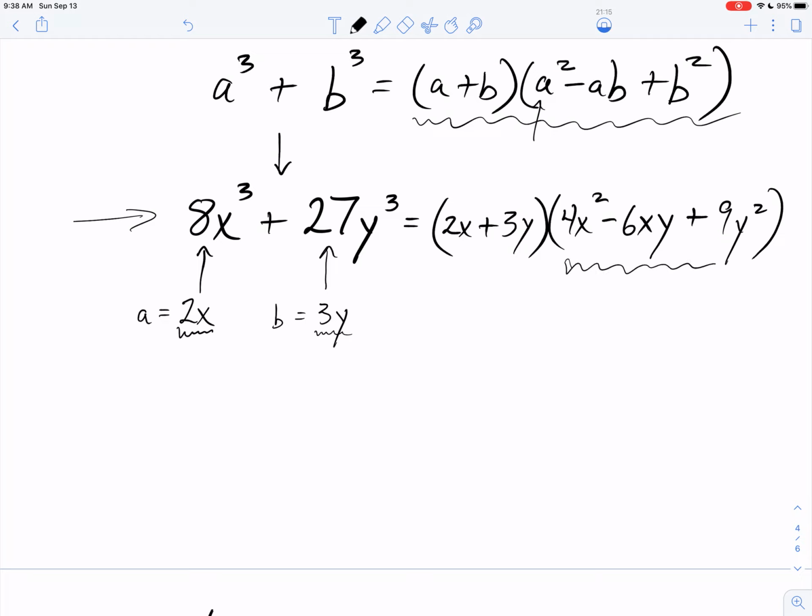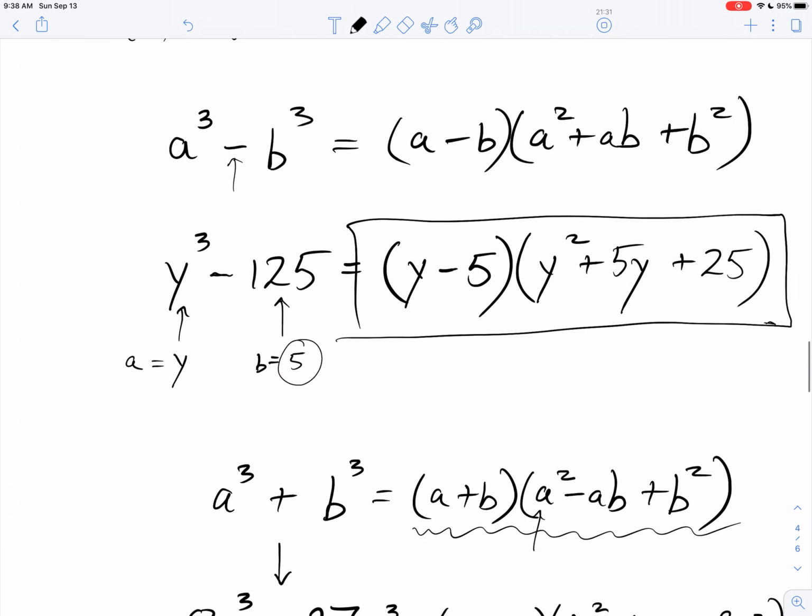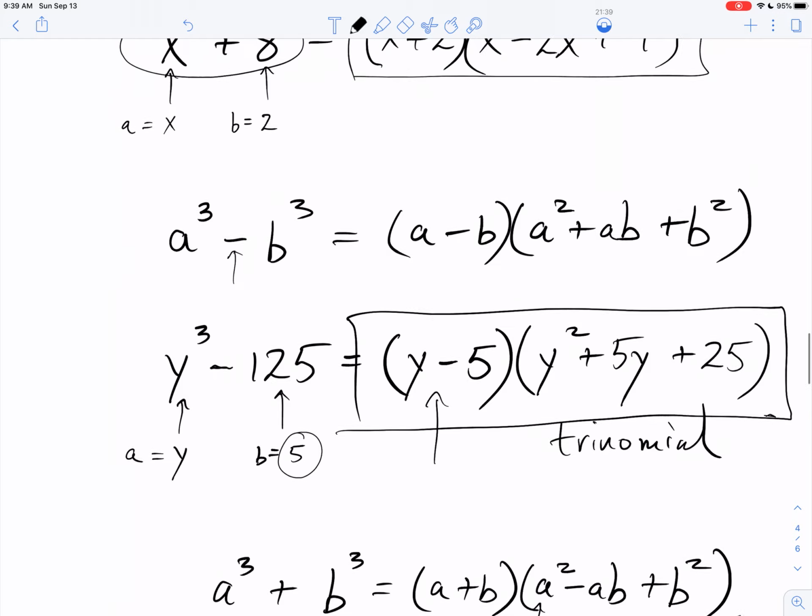This part of the problem, I have never ever said anything about. Because here's the beauty of this. In the cube formula, the trinomial. See, this part here is a trinomial. In all of my answers, this part over here is the trinomial. Not the first part, not the binomial, the trinomial.